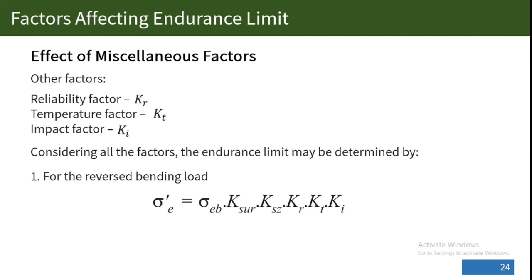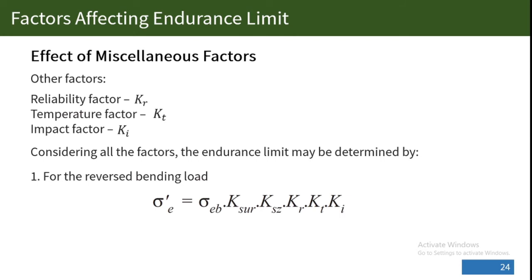These factors are the reliability factor K sub R, the temperature factor K sub T, and the impact factor K sub I. All these factors have an effect on the endurance limit of the material. Considering all these factors, the endurance limit may be determined by using the following expressions.